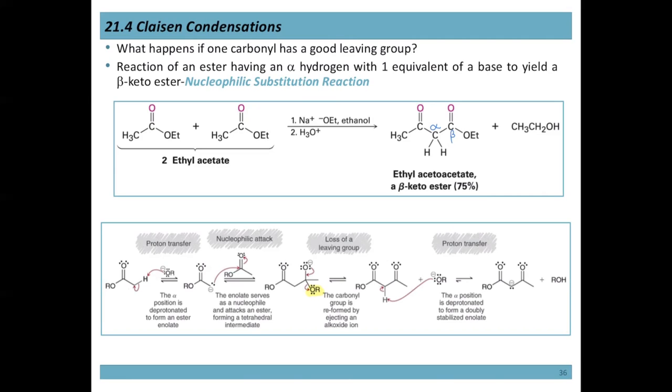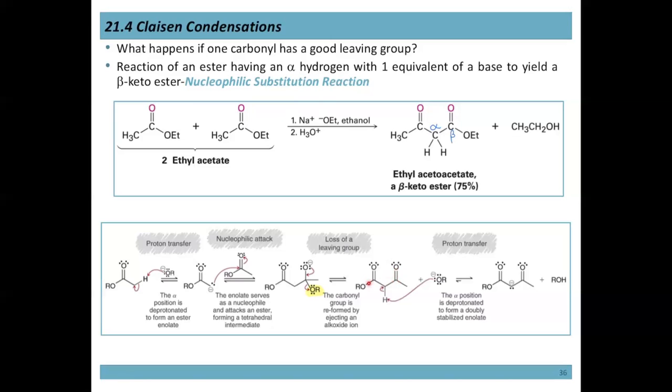Just like we saw in the aldehyde and ketone chapters where we did addition reactions, in the carboxylic acid derivative chapters we did substitution reactions, and since we were doing a substitution reaction, we have a leaving group. And since we have a leaving group, this negative doesn't stay on the oxygen, but collapses down and kicks off that leaving group. And then we get this carbonyl here.